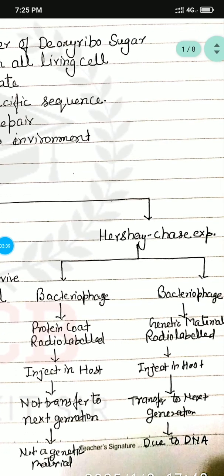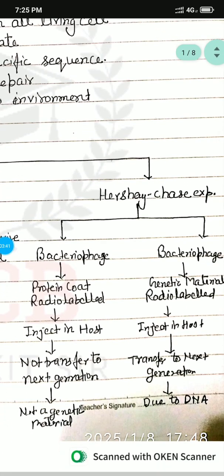The second experiment is that Hershey and Chase took the bacteriophage. As you see, the bacteriophage breaks down the cell wall of a bacteria, and he also took E. coli bacteria. But here he did the experiment in two phases. He used radioactive sulfur. Firstly, he used the radioactive sulfur on the protein coat, the outer cover of the bacteriophage, and injected the bacteriophage inside the bacteria.